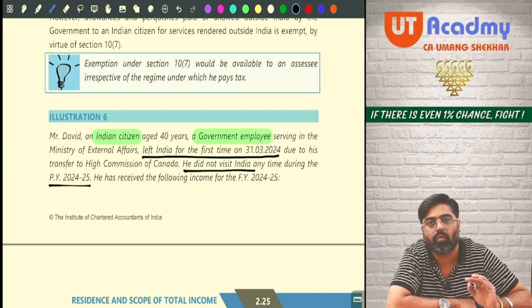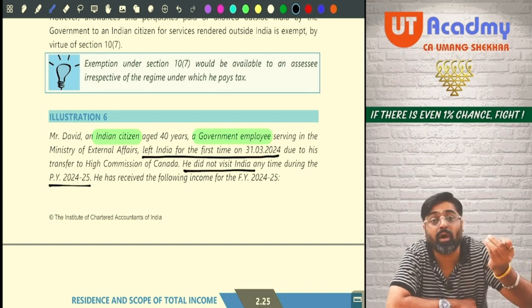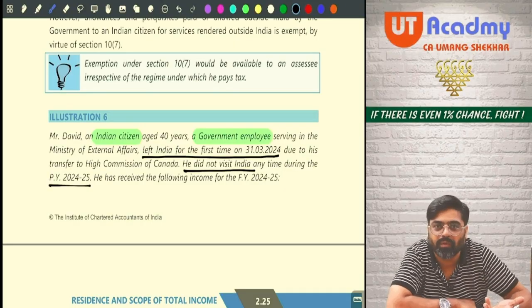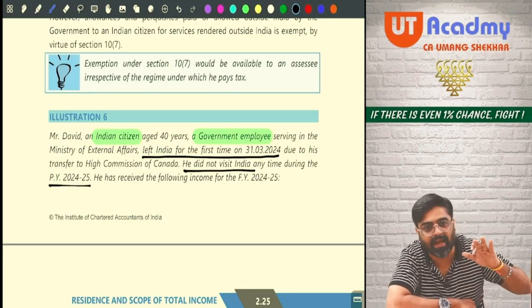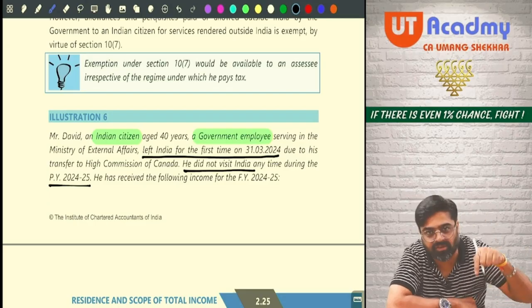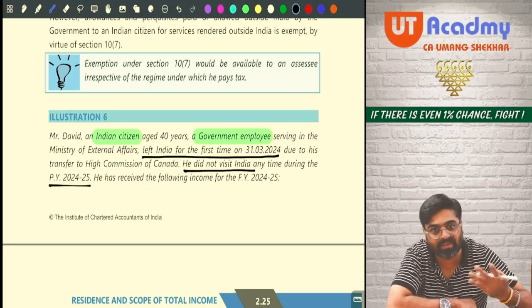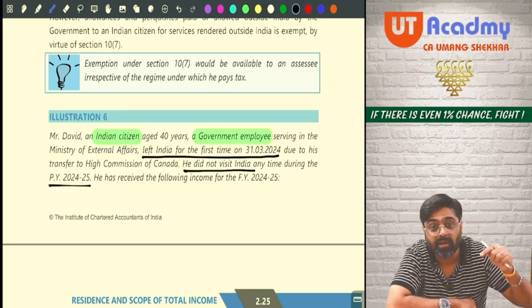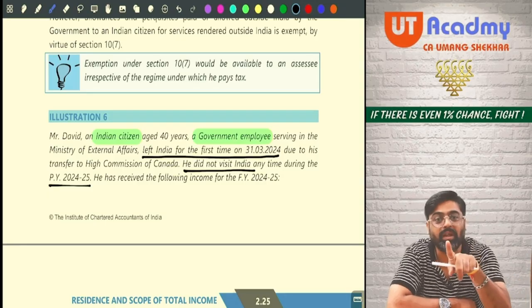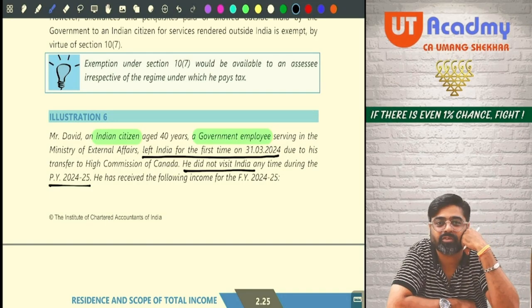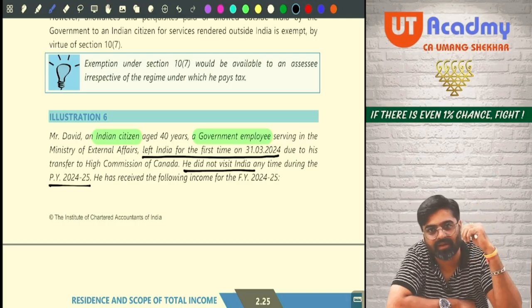So tell me, what will be the stay of David in India in my previous year? 0. And if his stay in India is 0, will he satisfy any of the basic conditions in my previous year? No. Both the basic conditions he will not satisfy. That means David for my previous year will become non-resident. Yes or no? So did you identify the residency status of David?